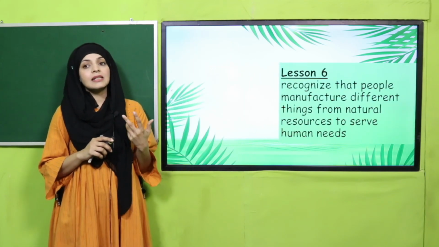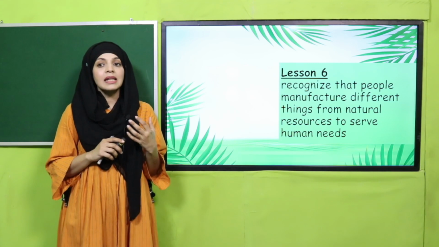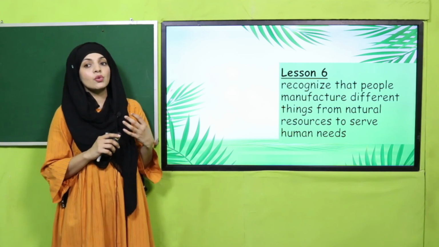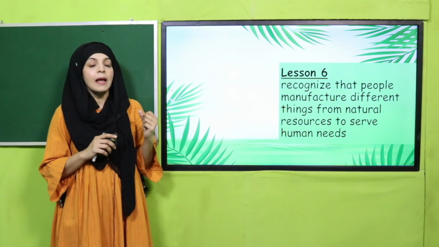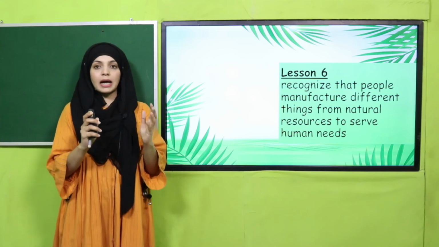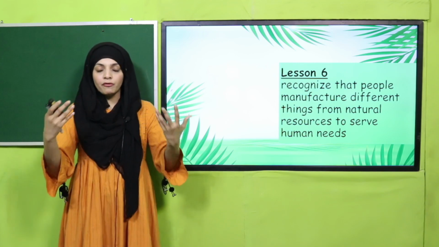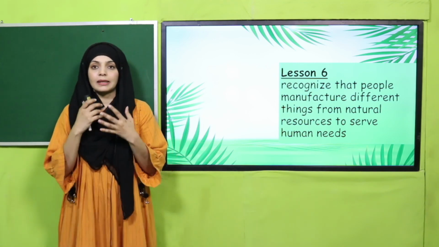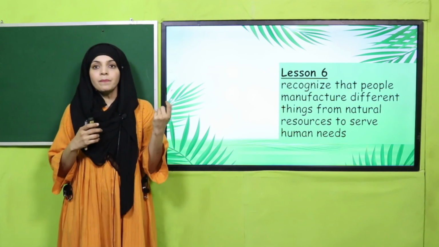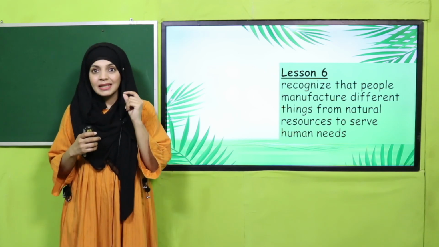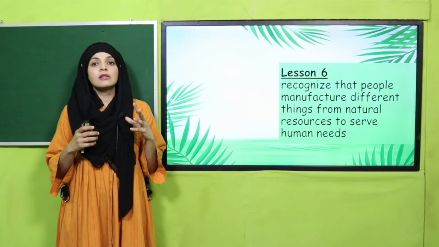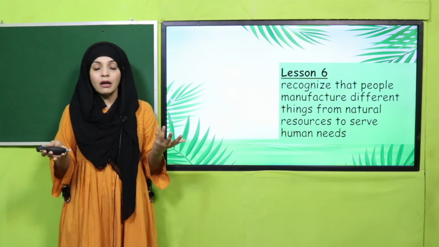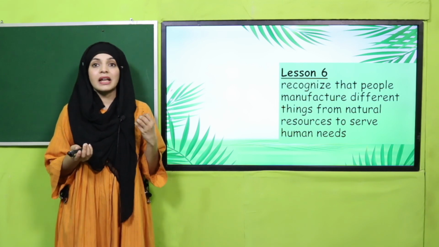In this lesson, the students will be able to recognize that people manufacture different things from natural resources to serve human needs. Human beings make many things from natural things for their benefit. I'll give you an example. The biscuit you eat is man-made, and it is made from natural things, just like wheat.